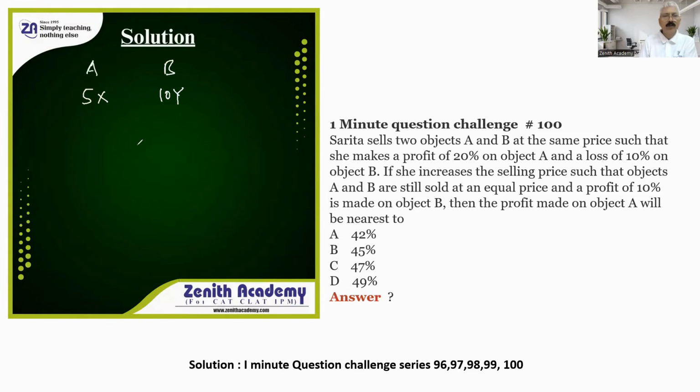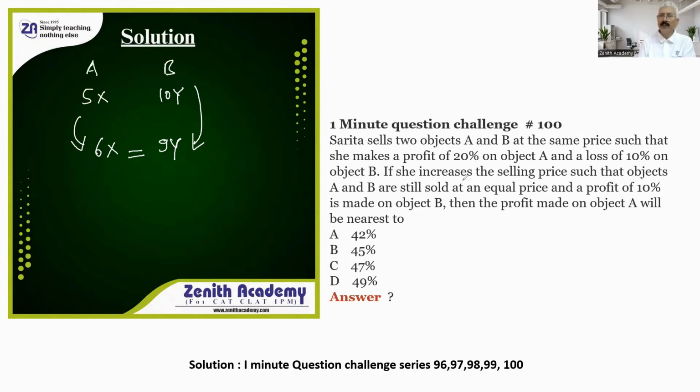So 20% profit means 1 upon 5 of 5x is x. So the selling price will be 5x plus x, 6x. And for B, 10% loss means y will be the loss. So the selling price will be 9y. Both same, 6x is equal to 9y. In both cases, the selling price is the same.